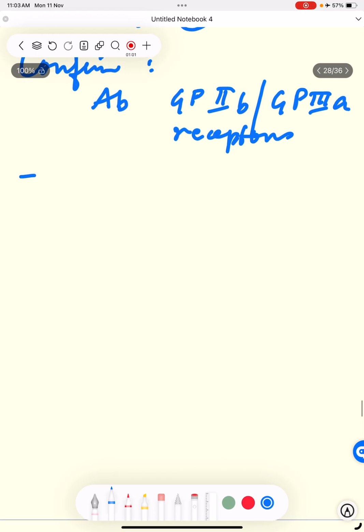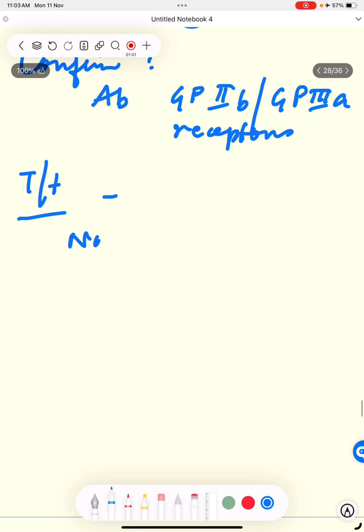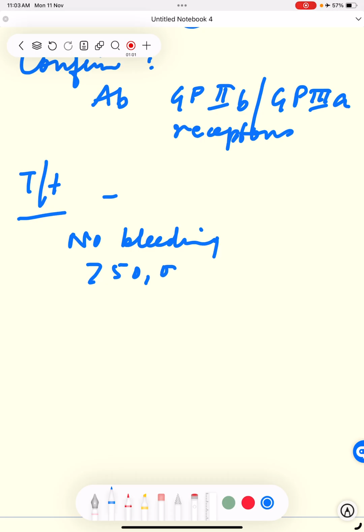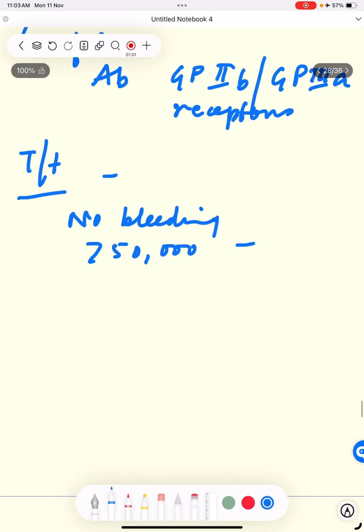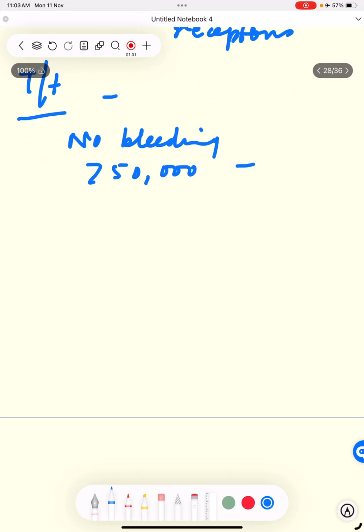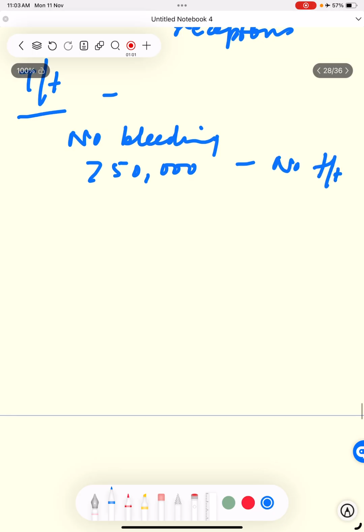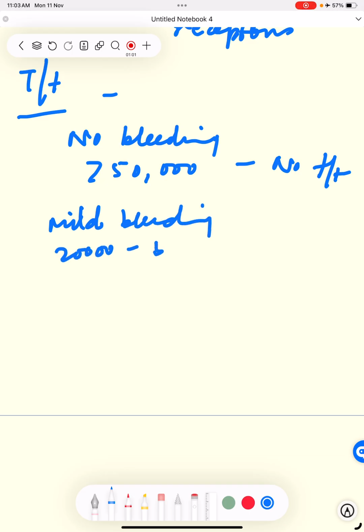Now, coming to the treatment, of course, we need to see the range of platelets. If there is no bleeding and the platelets are more than 50,000, generally no treatment is required. But if there is mild bleeding and the platelets are in the range of 20,000 to 50,000, sometimes the treatment needs to be started.